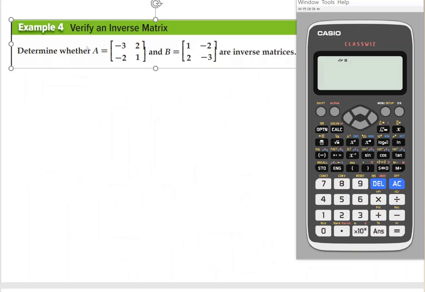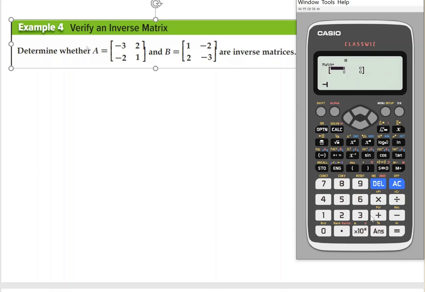Okay, and if we wanted to check this on the calculator, we can set up these matrices. So we go to menu, we choose this option here, which is number 4. So this gives us the option to define a matrix. So number 1, so we have a 2 by 2, so 2 rows, 2 columns.